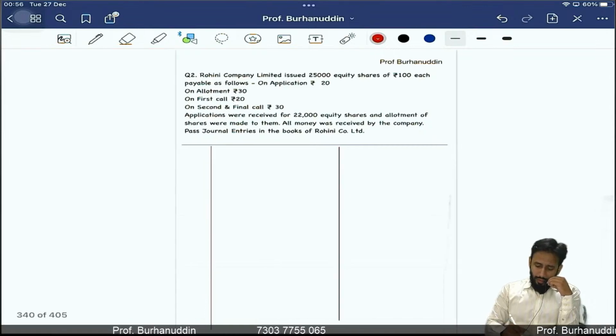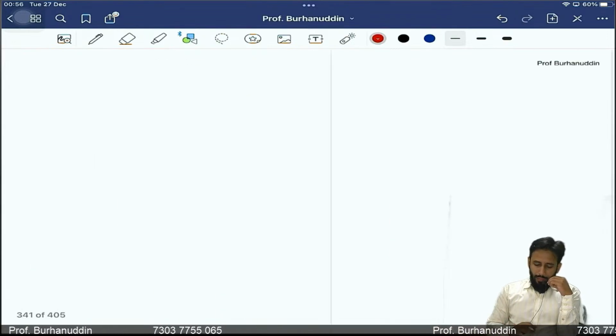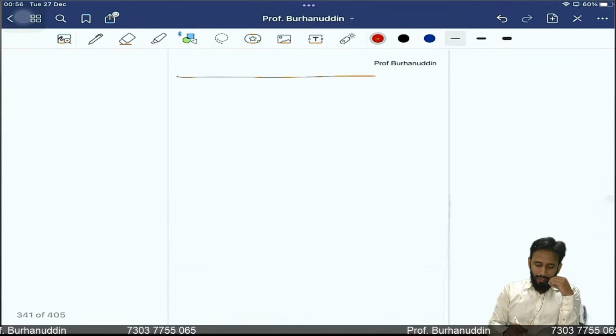So that's my journal format, debits and credits. I will definitely require one more page.